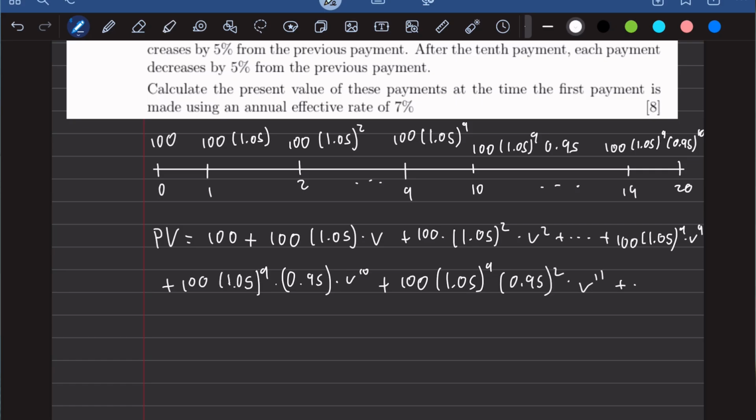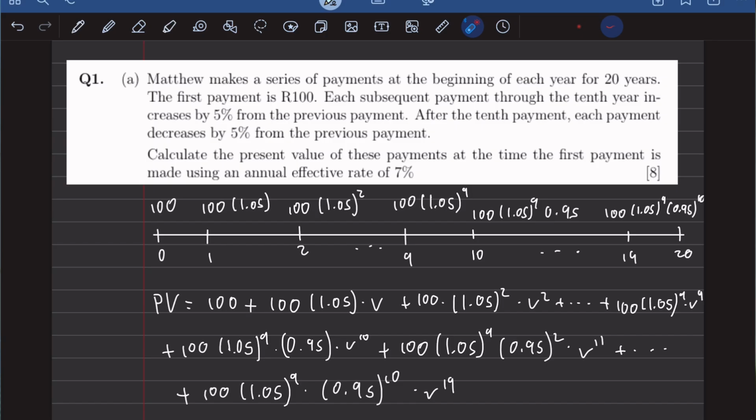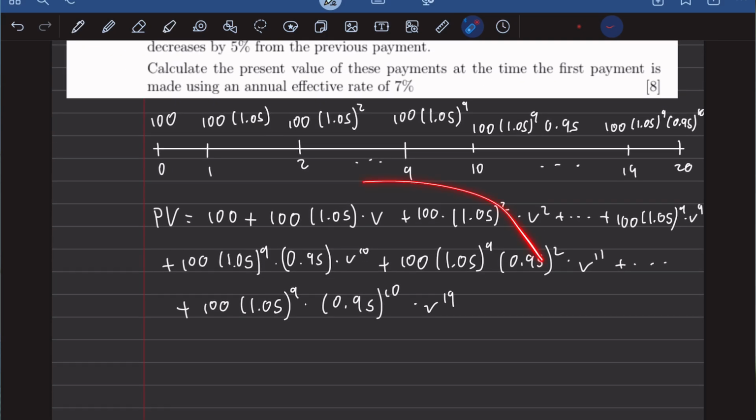And this pattern continues until it eventually ends with 1.05 to the power of 9 times 0.95 to the power of 10 times v to the 19. Okay, so that's our whole equation of value.